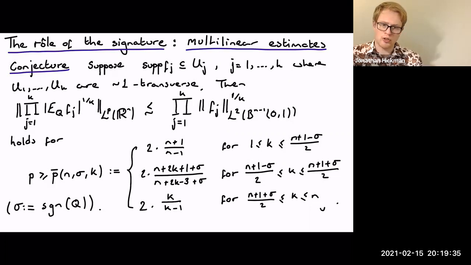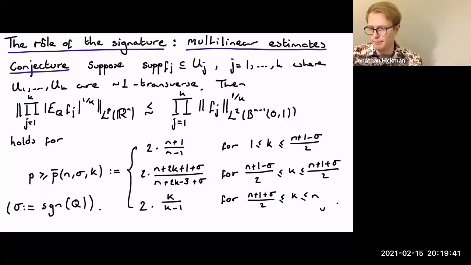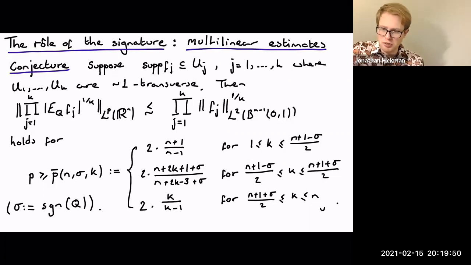So they're nu transverse with some parameter nu, which is about unit scale, say nu equals 1 over 100, or 1 over 100n. So with this setup, we have an L2 to LP multilinear inequality for the range of p as stated. Of course, this expression for the p exponent is somewhat complicated, so I'll come back to this later.